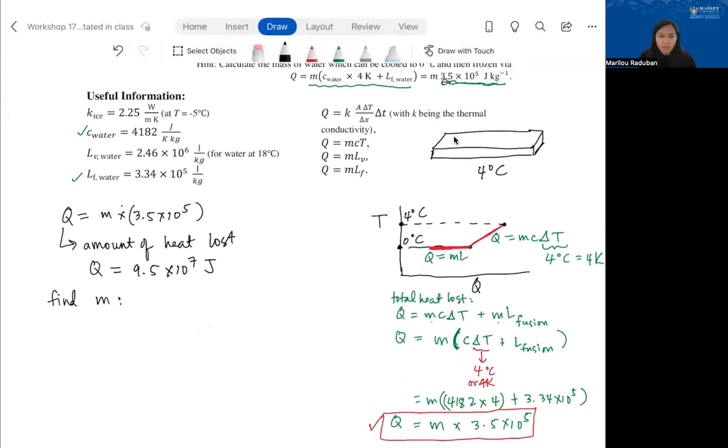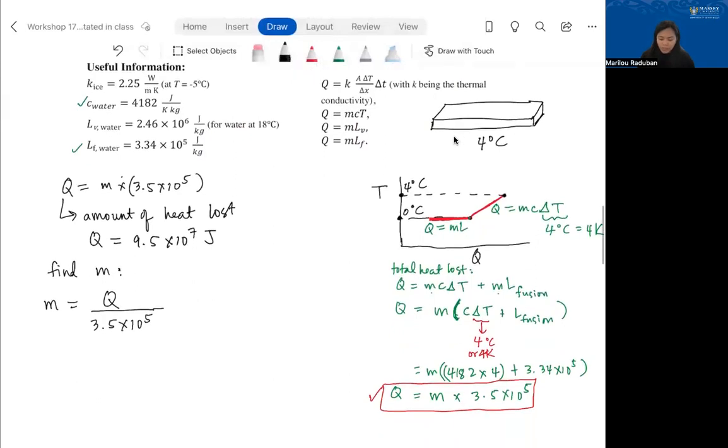We rearrange that equation to isolate mass. We'll have Q divided by 3.5 times 10 to the 5. To isolate mass, we need to get rid of 3.5 times 10 to the 5 on the right side of the equation, and we do that by dividing both sides by 3.5 times 10 to the 5.